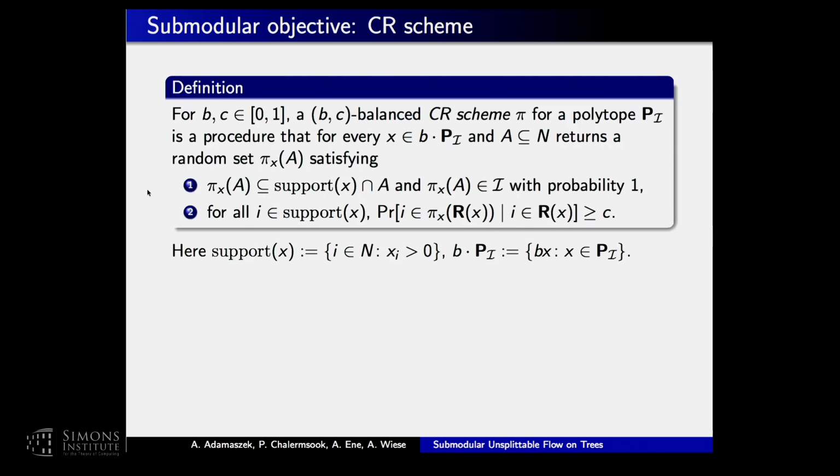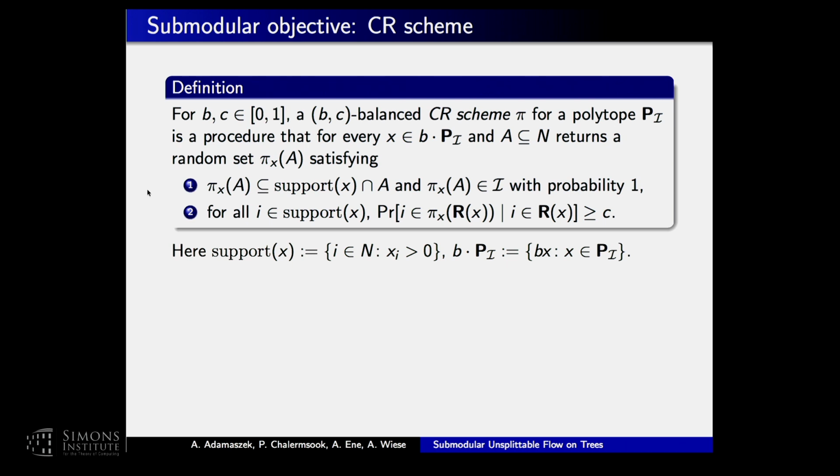And now we define a contention resolution scheme for some constants B and C. A BC-balanced contention resolution scheme is a procedure that, for every fractional solution taken from the polytope Pi and rounded down by a factor of B, and for any subset A, returns a random set satisfying the following.